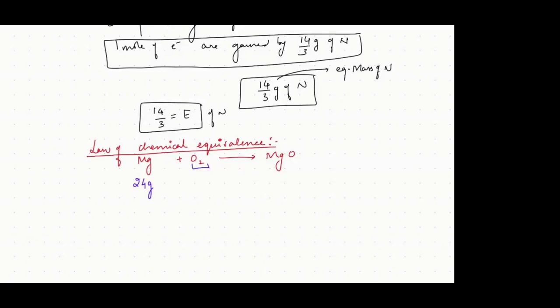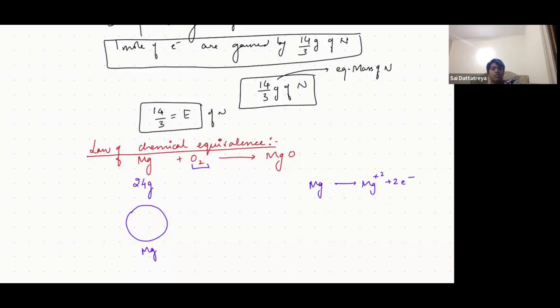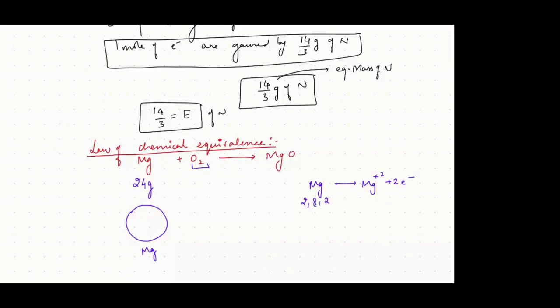Let's suppose I have one packet of magnesium. Magnesium wants to lose 2 electrons, to complete its octet, and hence it becomes Mg+2.